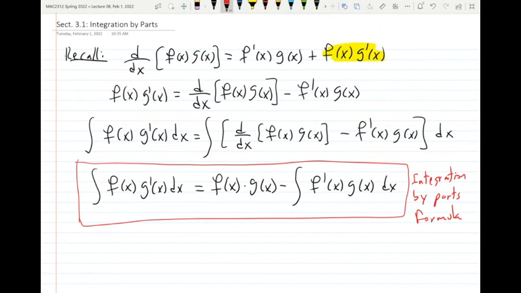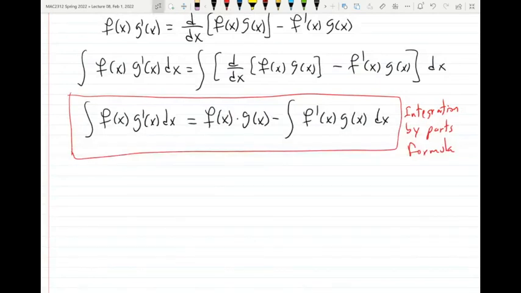Now, typically, we don't look at it from this point of view. Typically, we use other letters for this formula. So let us change names to these functions f and g. I'm going to call the function f u, and the function g v. So I'm just going to make a change of variable. Let u be the function f of x, and v be the function g of x.